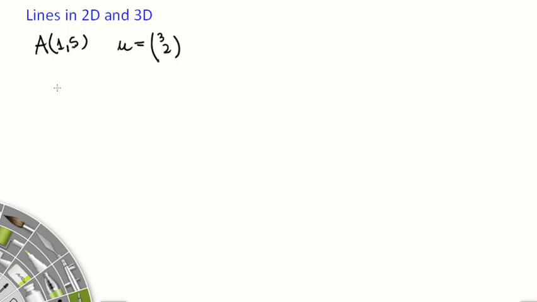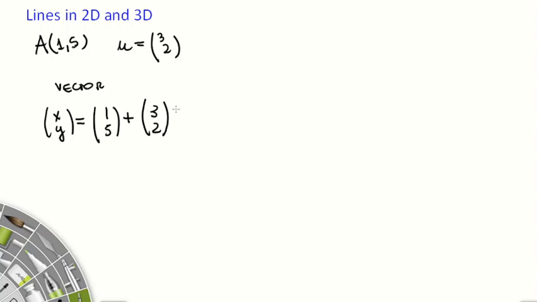Let's say first that we want the vector equation. The vector equation is x, y equals our vector a, 1, 5, plus our direction vector 3, 2 times our parameter t, where t is a real number. That's it. This is the vector equation.